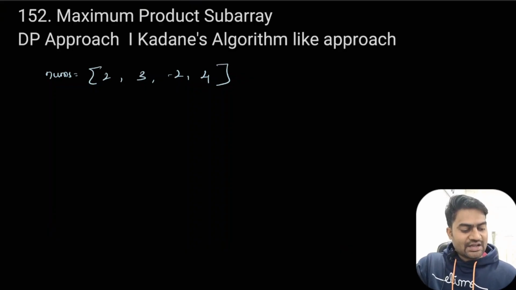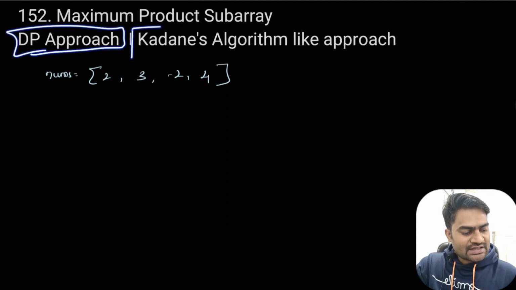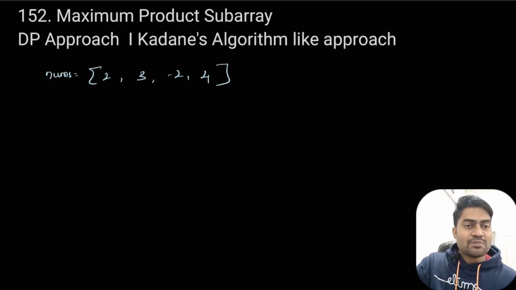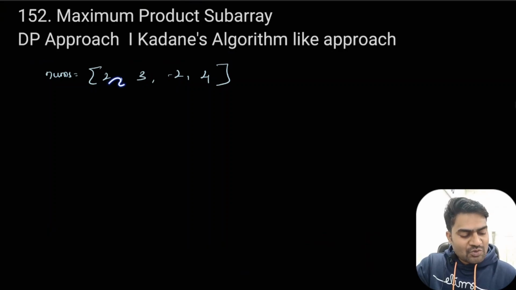Here we will use the DP approach, also called the Kadane's algorithm-like approach. Why is it called so? Why is it a DP approach? Because we try to remember the previous maximum product we got. It is similar to Kadane's algorithm which we used for the maximum subarray sum solution. In that solution, we memorized the maximum sum till now.